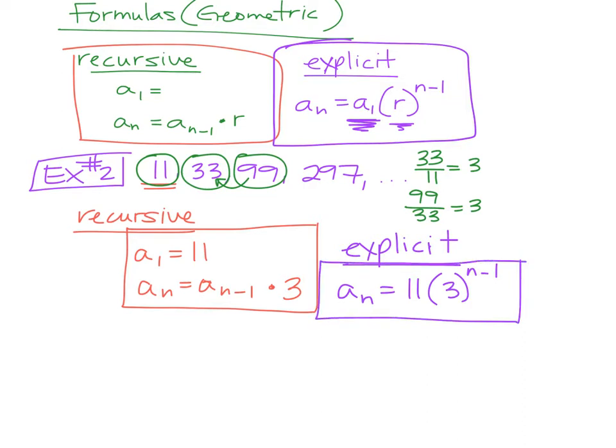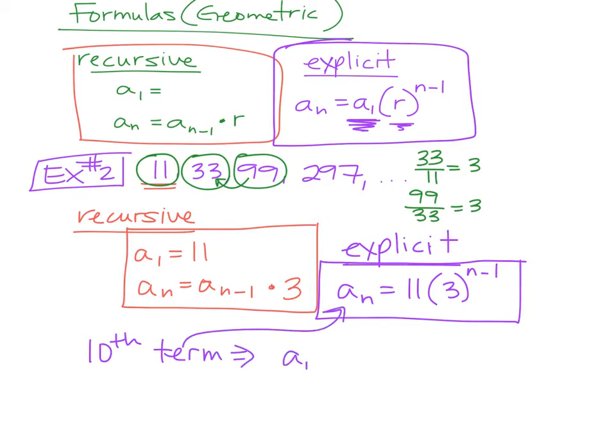Question for you. If I said, find the 10th term, which formula makes more sense, recursive or explicit? Explicit makes more sense when it's not the next term in the sequence. So if I said find the 10th term right now, we would plug it into this formula.